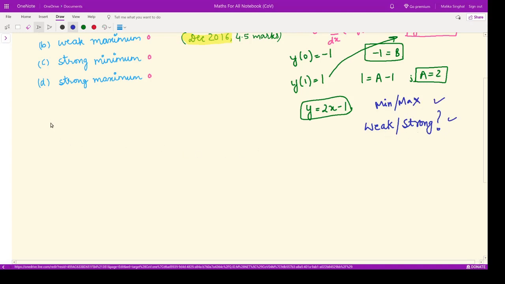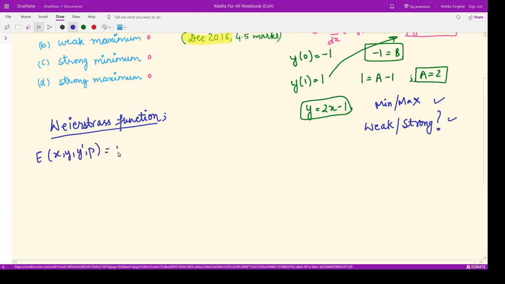We have a result known as the Weierstrass result, which is the sufficient condition to determine whether it is a minima or maxima. For this we need a Weierstrass function. What is that? That is E of x, y, y dash, p.